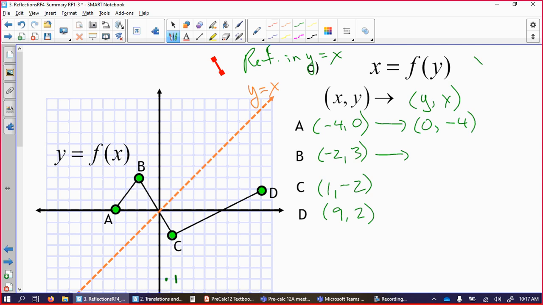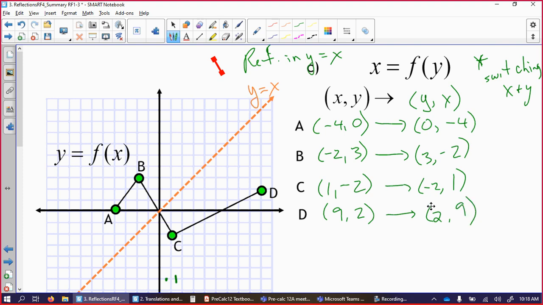So this is really X and Y, 3 and -2, -2 and 1, 2 and 9. So it's the same idea. A goes to 0 and -4.